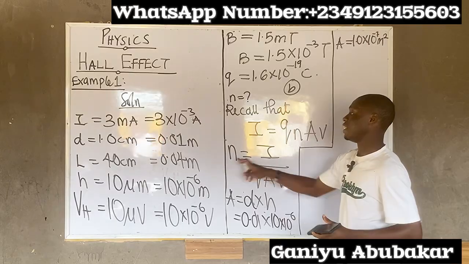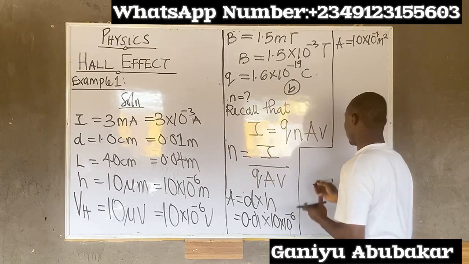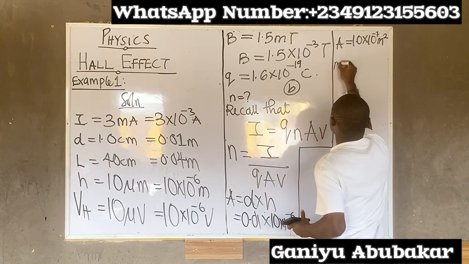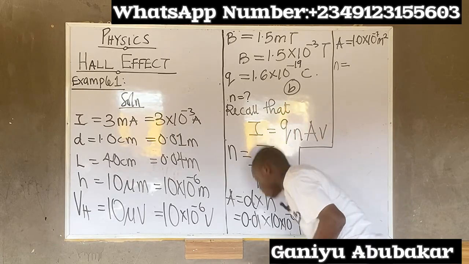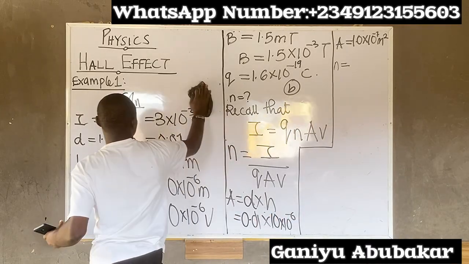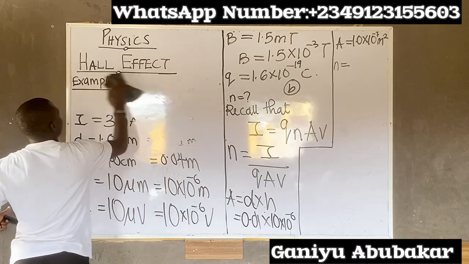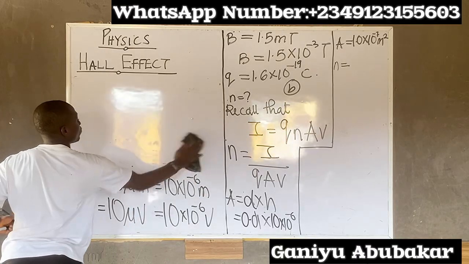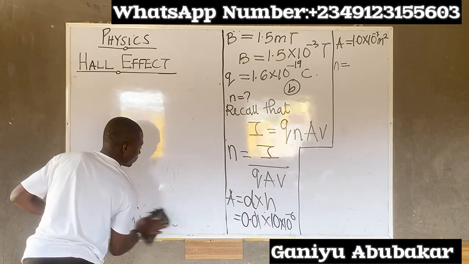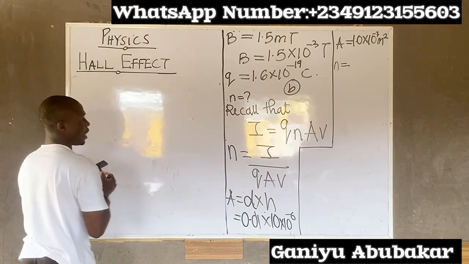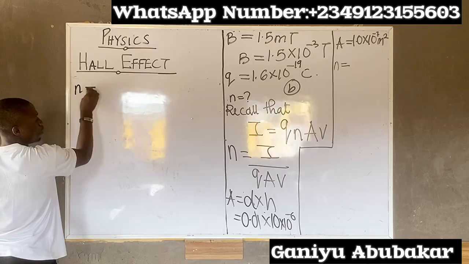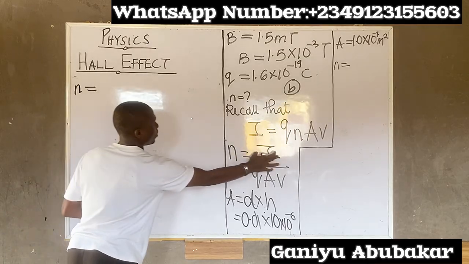I can easily get N now. How? Substitute. This gives you N is equal to I. What's I?